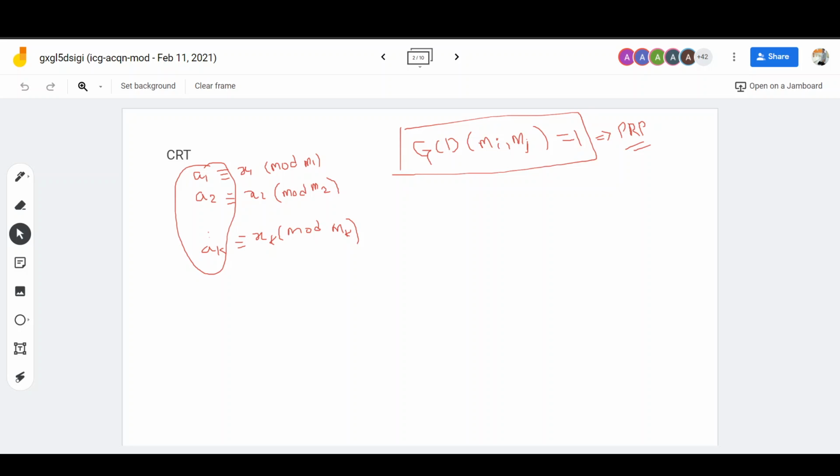All these are moduli. So this is an unknown number. But if all these are pairwise relatively prime numbers, and the modular values are given to you like this, you are able to find this unknown value.